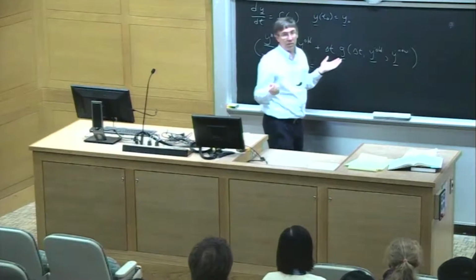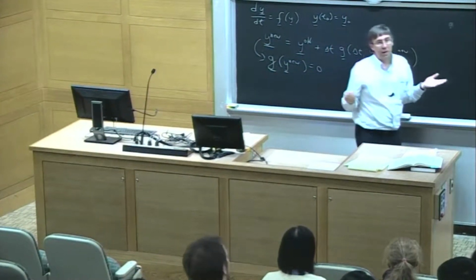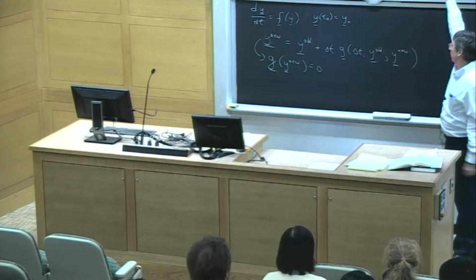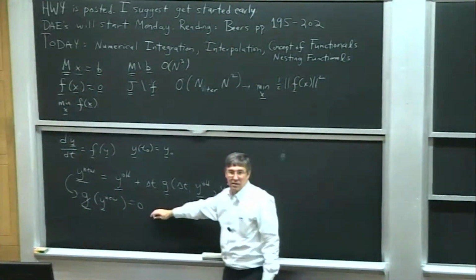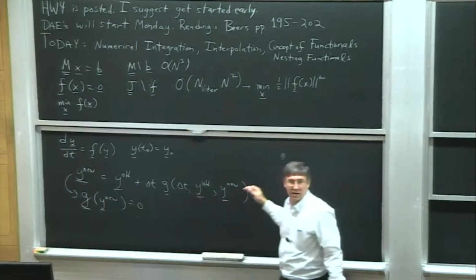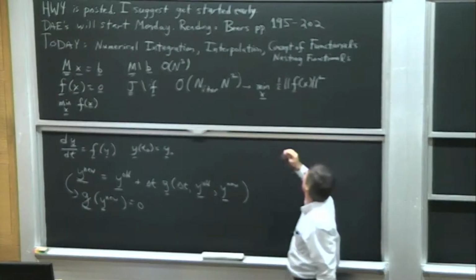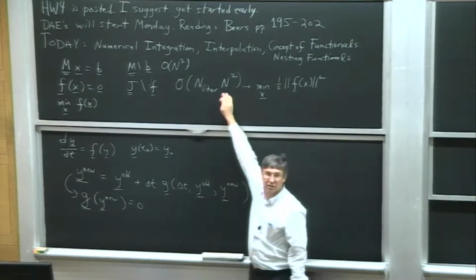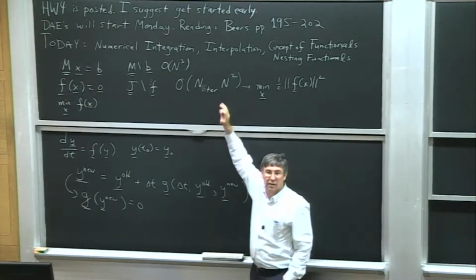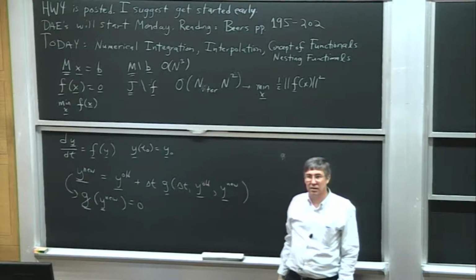All right, so now how does the scaling go? At each time step, I have to solve one of these. How much effort did that take? We did that, right? Here it is: n iter times n squared. And then how many times do I have to do it?